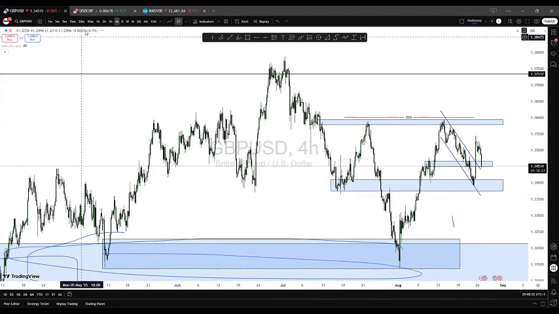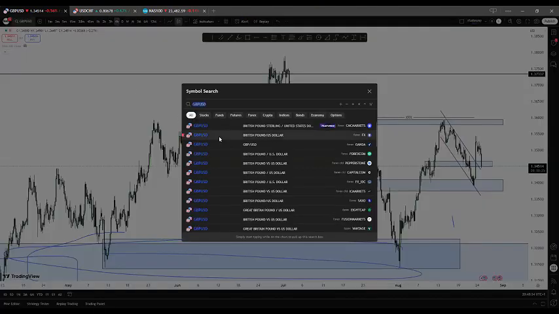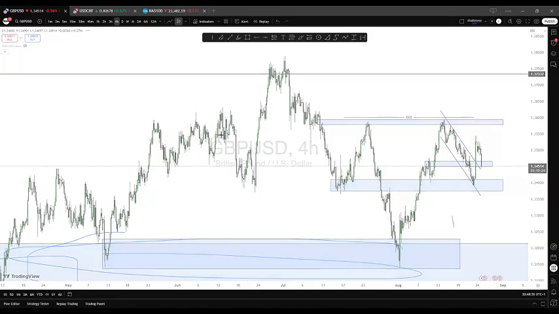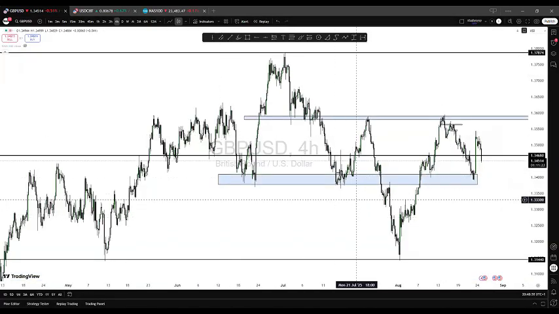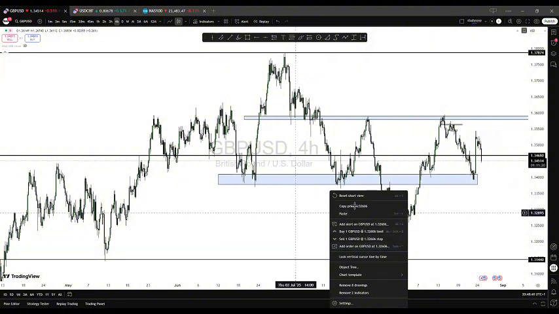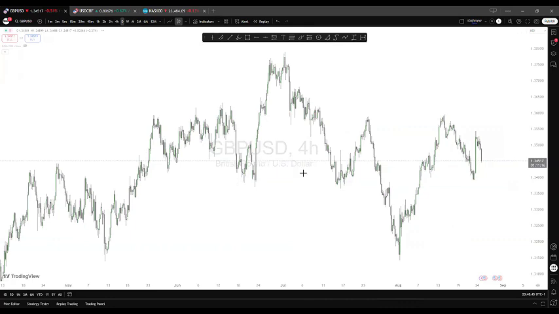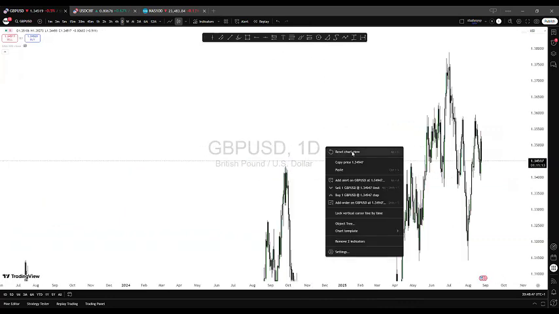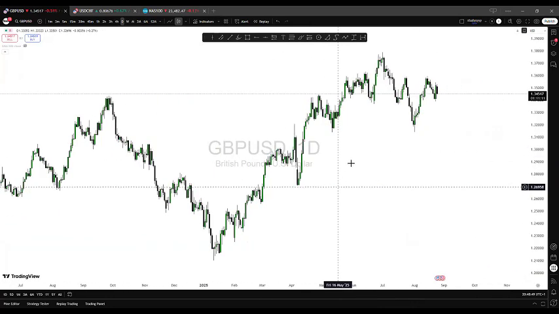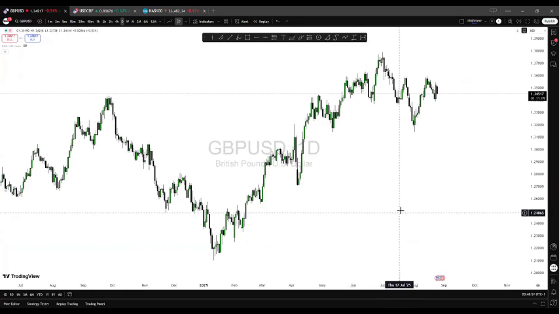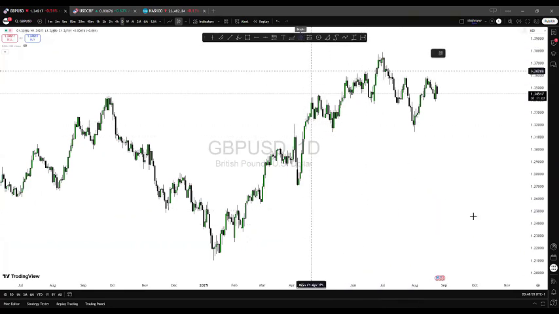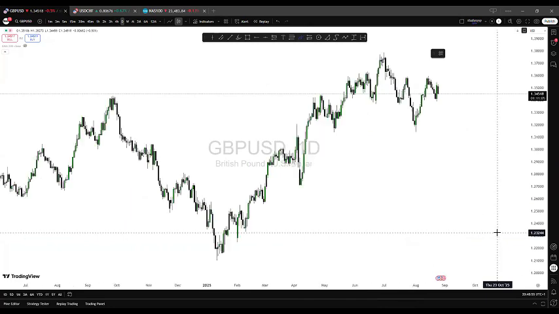But now let's look at the structure overall. So I'm going to go to a different chart. Okay. So I want to go to the daily time frame most times, and then I want to view. So when you look at this right now, what's the first thing you can see? For me, I see a bullish structure. Why?